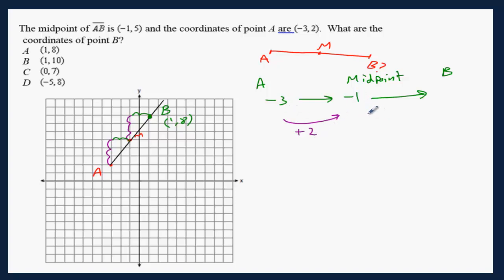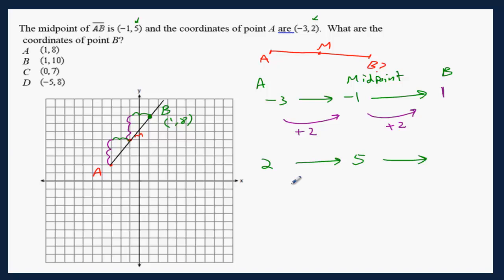So from -1 to point B, you have to go another 2, because this is the midpoint. Whatever distance you moved from -3 to -1 is going to be the same distance from -1 to the other endpoint of this segment. -1 plus 2 is +1. This is the x-coordinate. Now the y: to go from 2 to 5, what is the distance?